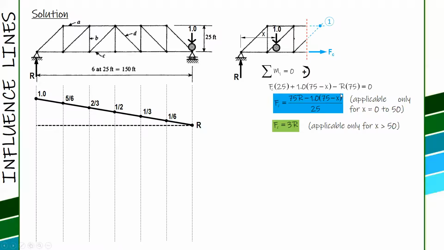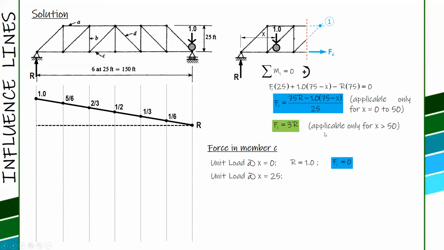After this, plot it. At x equal to 0, the unit load is there. The R is 1. Substituting, the answer is 0.